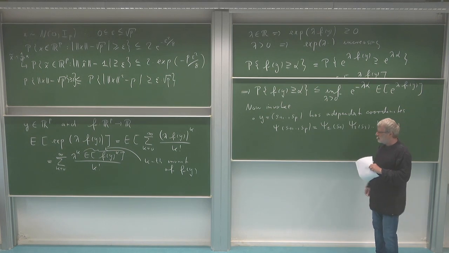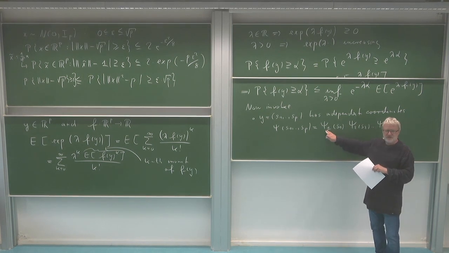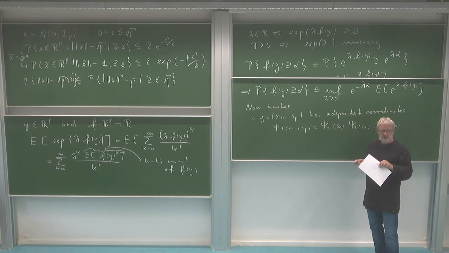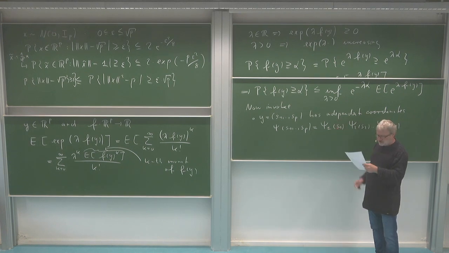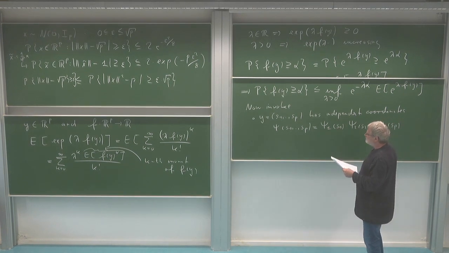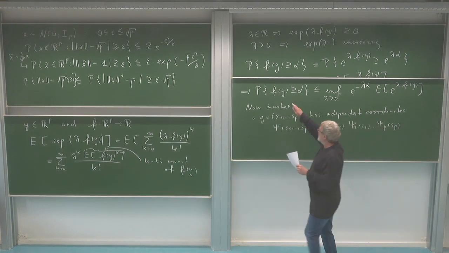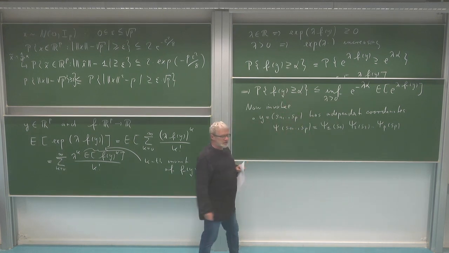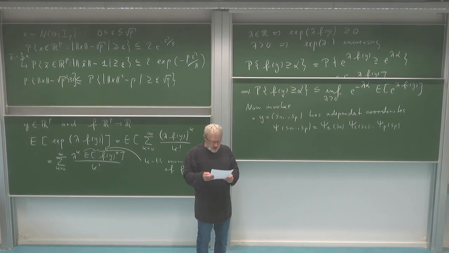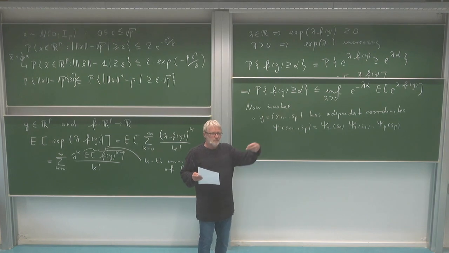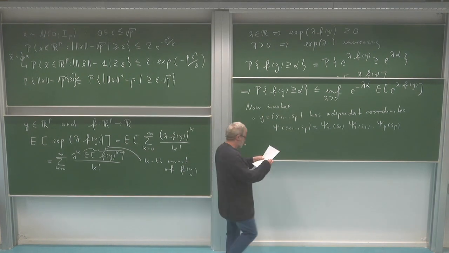Of course in our situation all these densities are the same and each of them is a Gaussian distribution, but let us still do it in this generality. So this is about the underlying distribution, which consists of independent components, and then f is a sum of something on these components.